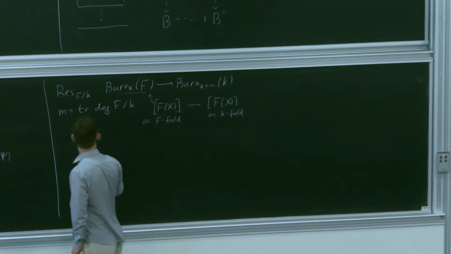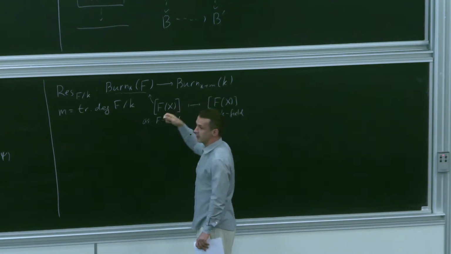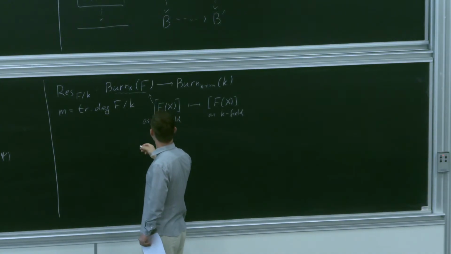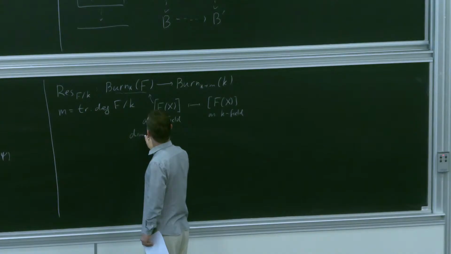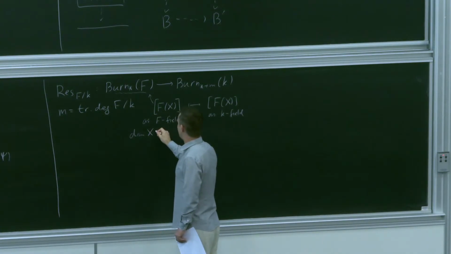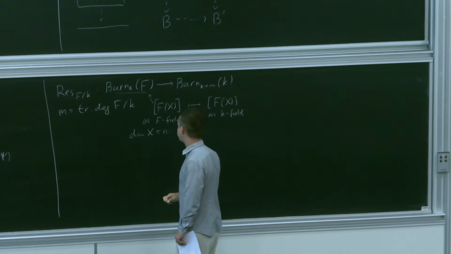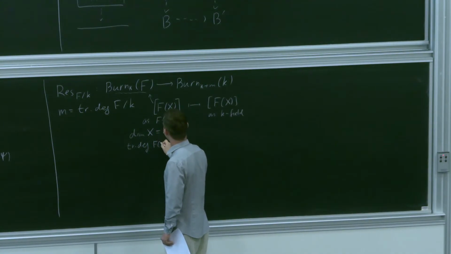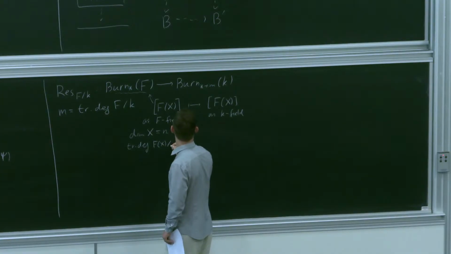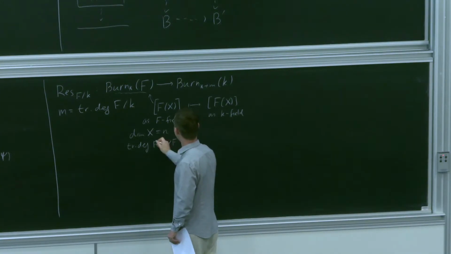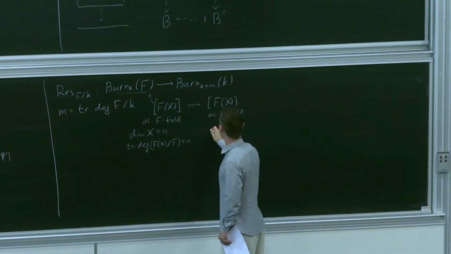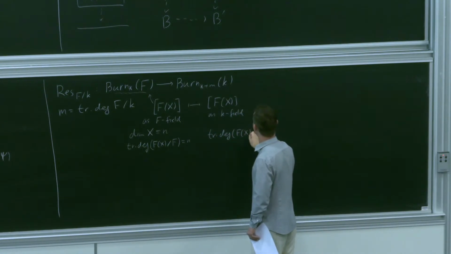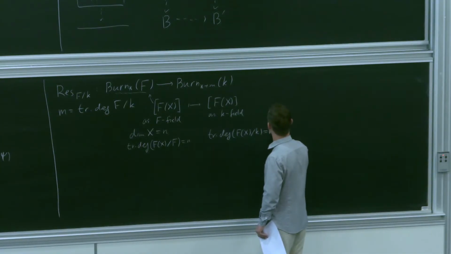So it's well defined, and this plus m is the transcendence degree. Basically, if the dimension of X over F was n, it means that the transcendence degree of F(X) over F is n, and then the transcendence degree of F(X) over K is n plus m.